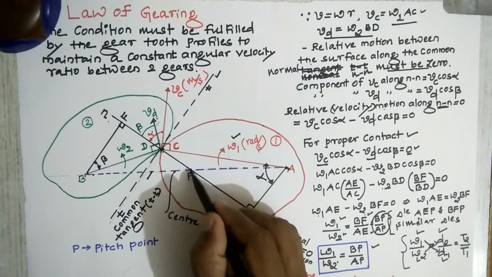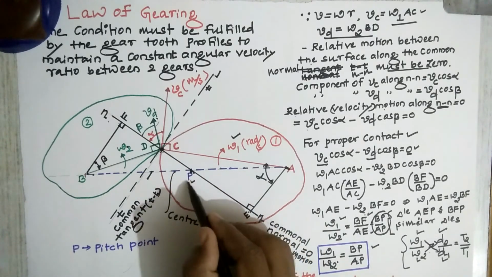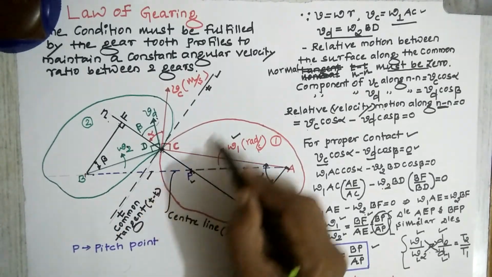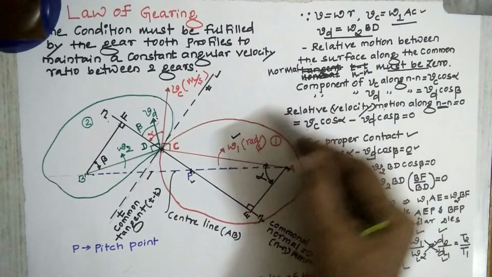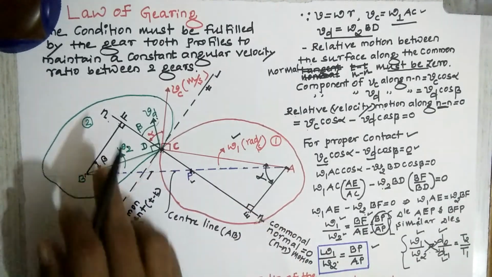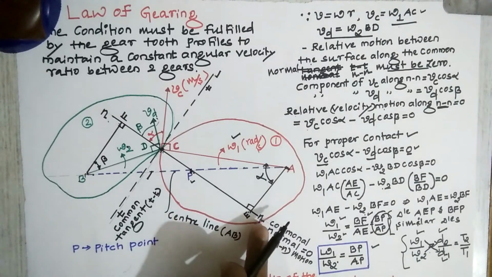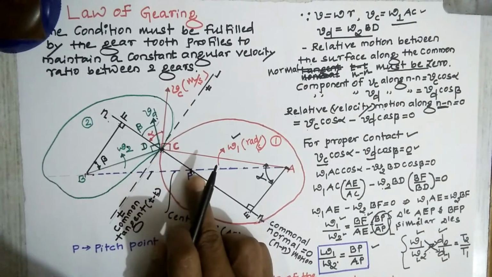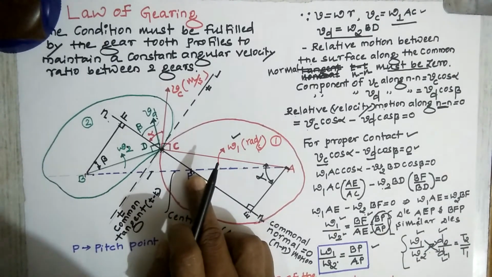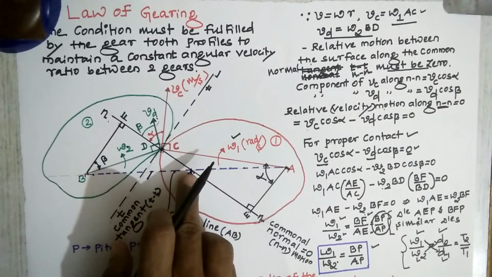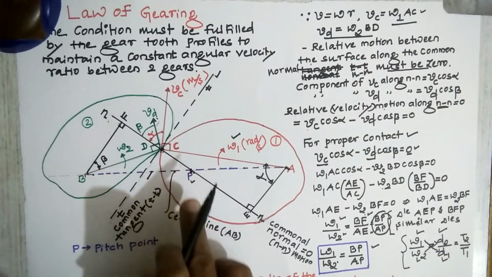Look at this one, P is the pitch point, where the pitch circles intersect. That is the law of gearing: to maintain a constant angular velocity, the common normal should pass through the pitch point.